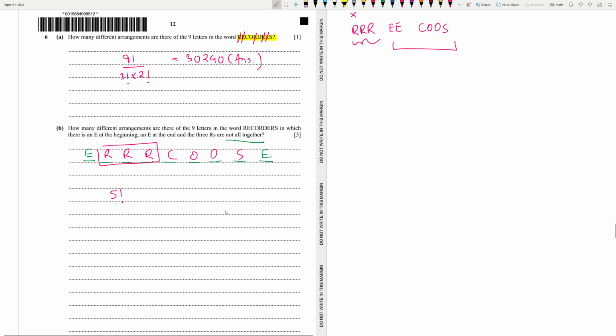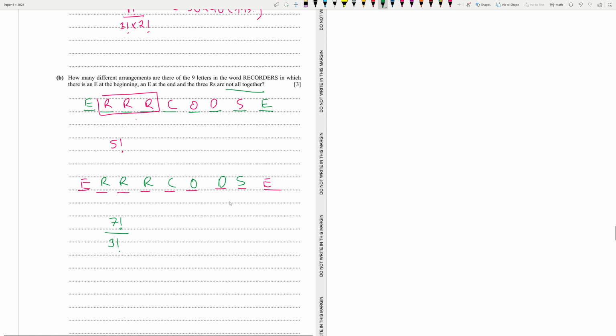Next, we are going to find all possible arrangements. How? 1, 2, 3, 4, 5, 6, 7, 8, 9. So R, C, O, D, S. How many letters do we have in the center? We have 7. So that is 7 factorial divided by the repetitions, 3 factorial. So these are the total arrangements where we don't care about the R's being in a pair, alone, separate, or all three together.